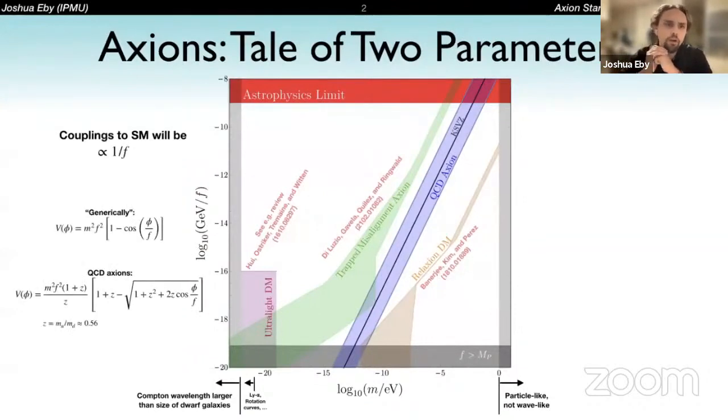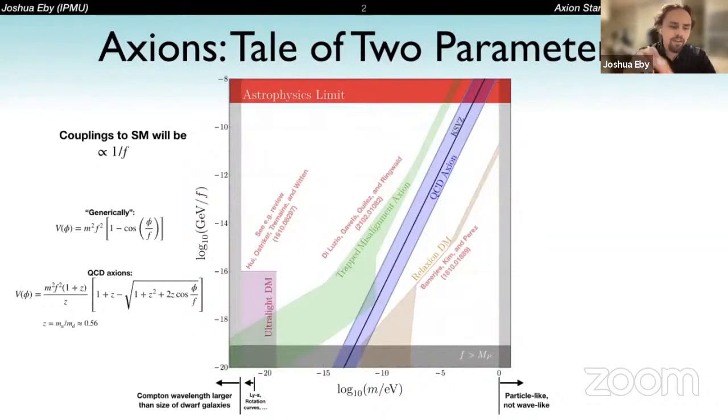The things that we want to take away from this zoomed out picture are firstly that couplings of the axion to the standard model are generically suppressed by 1/f. This is part of why searching for axions at large decay constants can be so difficult. Secondly, these two mass scales, the mass and decay constant of the axion, generally determine the axion self-interaction potential.